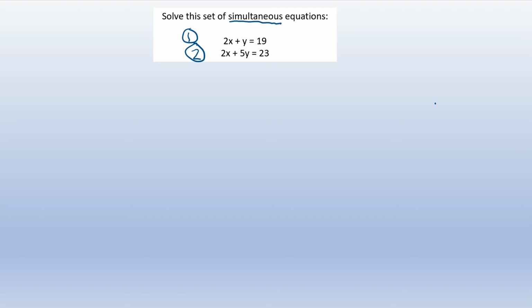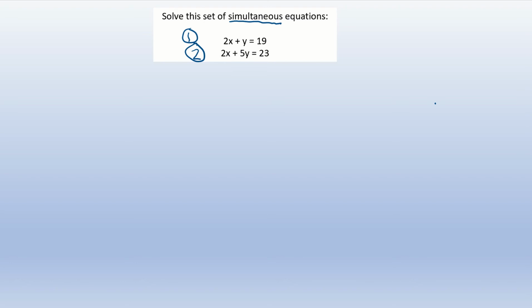If two things are happening simultaneously, that means they're happening at the same time. So those two equations are happening at the same time. And basically what you've got to try and do is find a value of x and a value for y that works for your first equation, but also works for your second equation. And that's the tricky part. Your two values have to be the same, but they have to work for both equations.